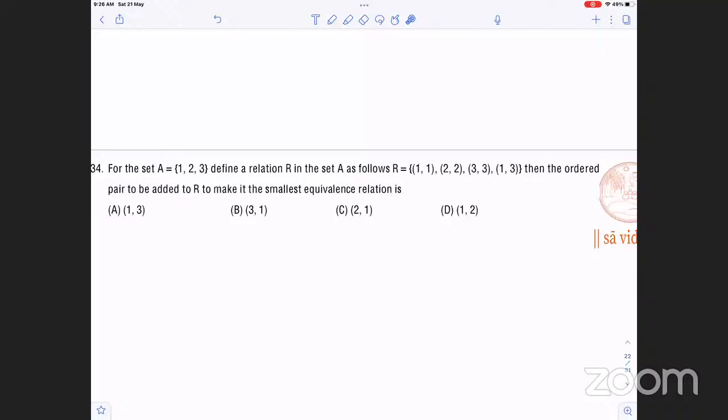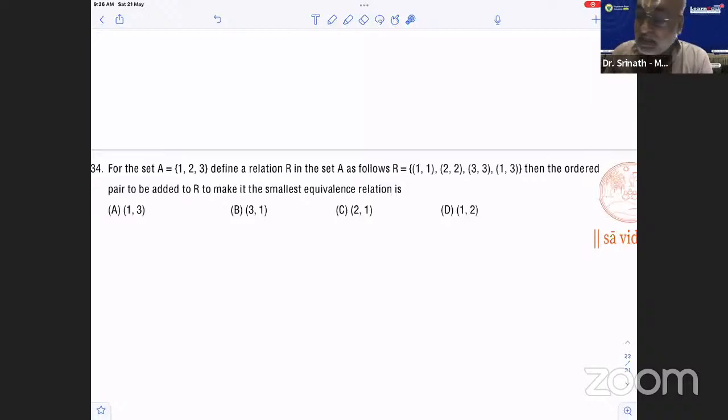Sir, most of them have answered A and B, sir. A, I'm afraid, is not the correct answer. B is the correct answer. Because if you include (3, 1), then (1, 3) and (3, 1) are both there.